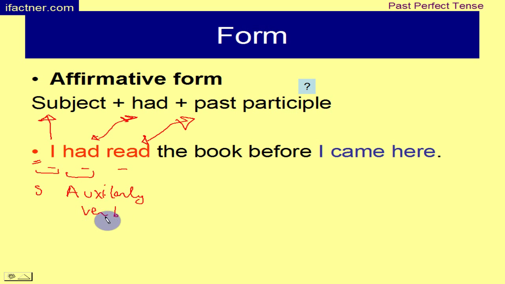For past perfect tense we use had, and we use the past participle form of the main verb. For affirmative forms: I had read the book before I came here.